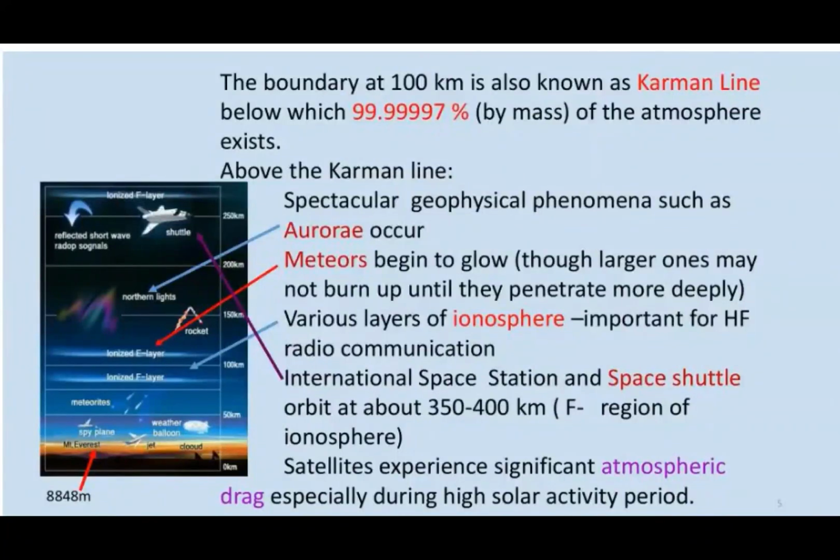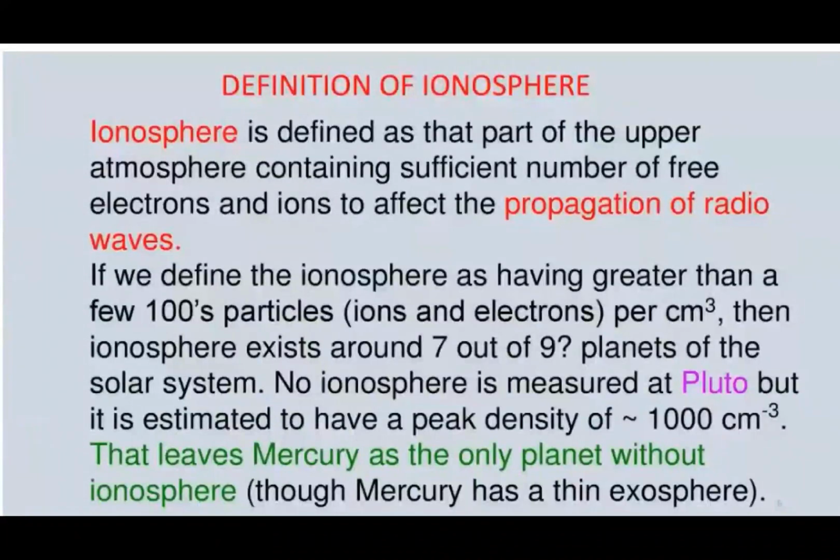Similarly, many satellites are used for upper atmospheric studies or for communication or for remote sensing, etc. They have to be close to this region, or some of them even have orbits that pass through this region, and then they experience what is called a significant atmospheric drag, which is a very important factor which affects the lifetime of the satellite. So these regions have importance not only in physics or science, but also in technological applications.